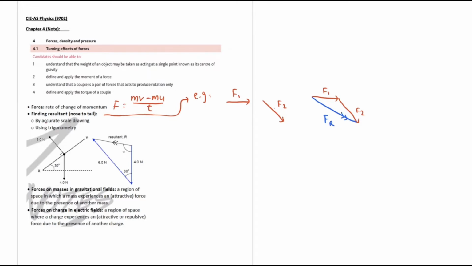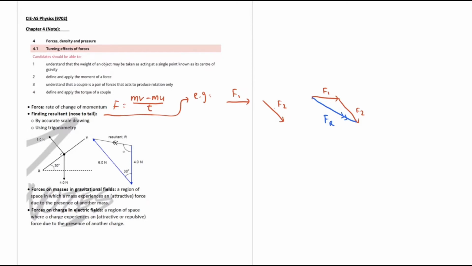Of course, when you draw this, one way is to use accurate scale drawing. If this is 5 Newton, maybe you set your scale as 1 cm represents 1 Newton, so this is 5 cm. Let's say this is 8 Newton, then you draw 8 cm, and make sure the angle is correct by using a protractor.